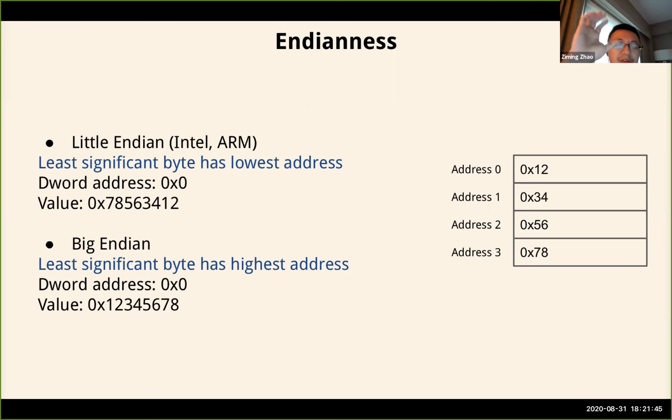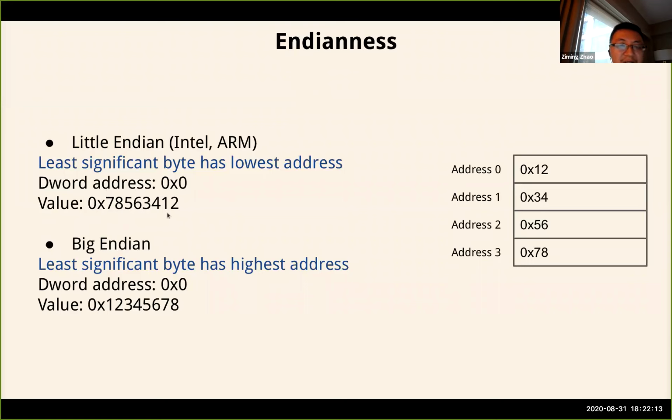When we use little endian, it means the least significant byte is stored at the lowest address. Let's say we have this value, a hex 7856341234, right? This is a big number. The most significant byte is obviously 78.